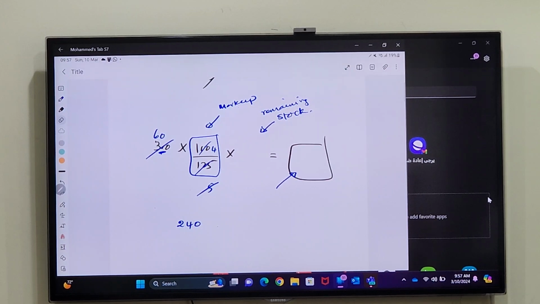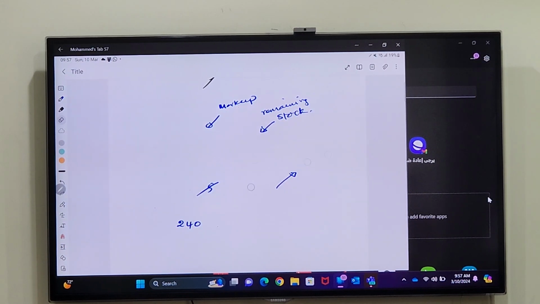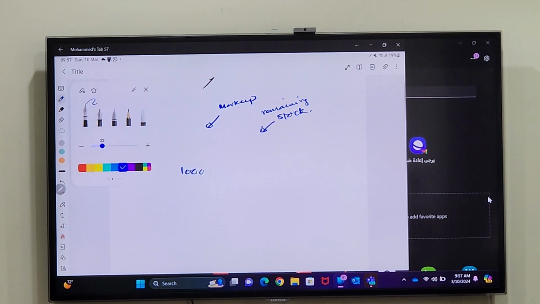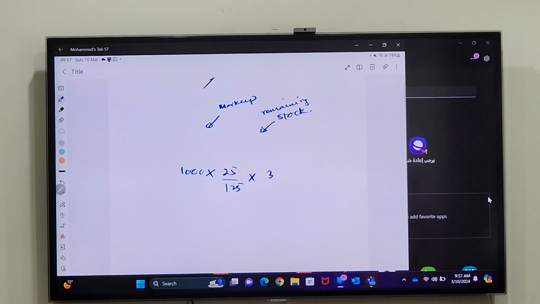And then the 60 is the cost. So to work out the profit, I will change this calculation. Sorry for that. Calculation will be like this: 1000 into 25 over 125 into 30 over 100. Now you will get 60.